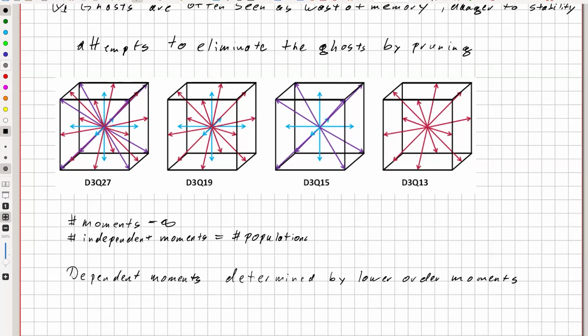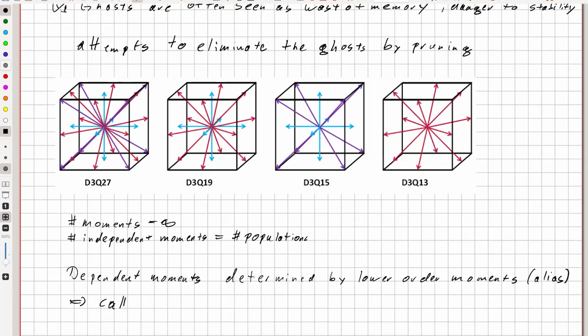So basically, the lower order moments repeat at higher order, so they have an alias, they have a second name, and therefore we call this aliasing.